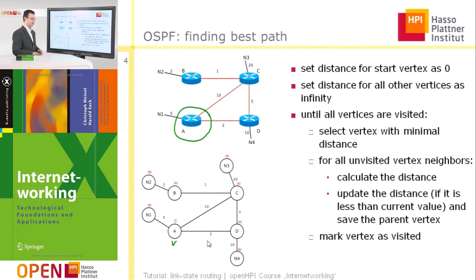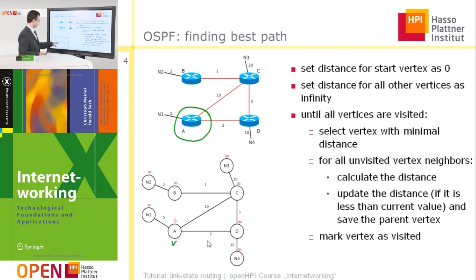Now we don't have any visited vertices on our graph, so it goes through all vertices and selects the vertex with minimal distance. In our graph now we have a distance for vertex A equal to 0, and all other distances are equal to infinity. So we should select vertex A. And for every unvisited vertex, we take their neighbors.